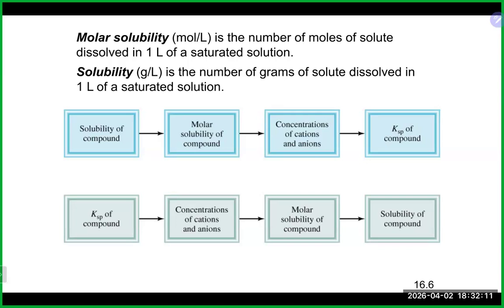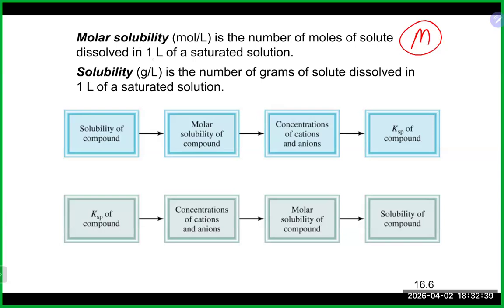And there are two types of solubility that we typically look at or calculate. One is what is referred to as the molar solubility. The molar solubility is the number of moles of solute that will dissolve in a liter of solution. It is a fancy way of saying the molarity, basically. So when you solve for the molar solubility, you're solving for the concentration of ions that will dissolve in solution.